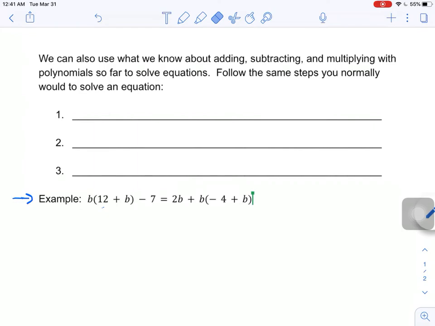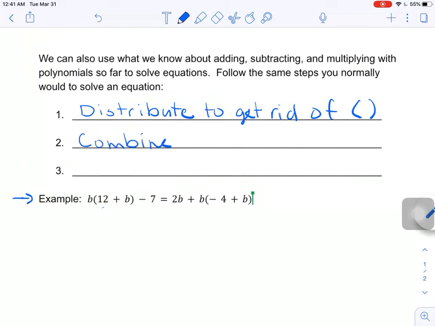So to do a quick recap of the basic process for solving an equation: we don't want parentheses. We need to get those out of the way. So the very first thing is distribute to get rid of parentheses. And then we're going to look for things we could put together. Combine like terms.